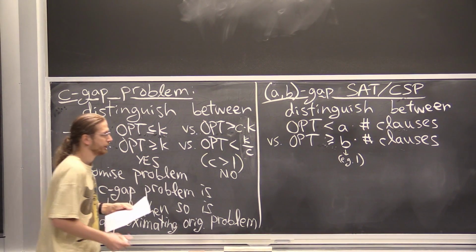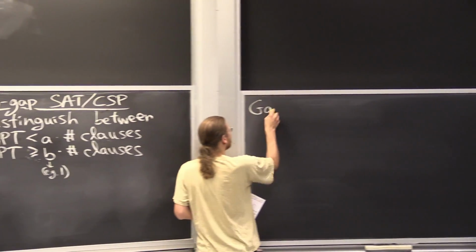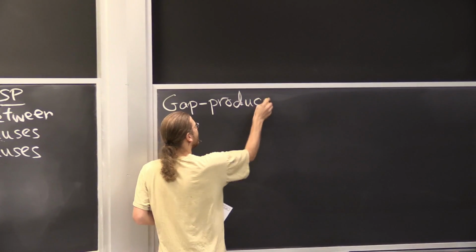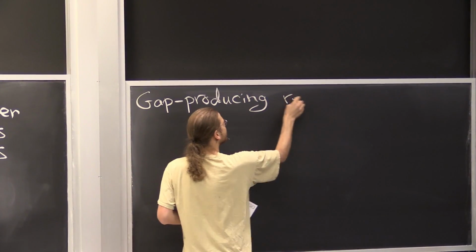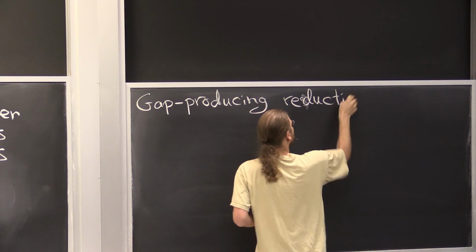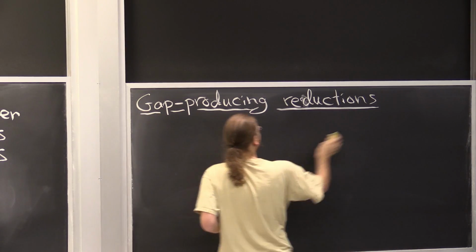Cool. All right, so how do we get these gaps? There's maybe 3 ways, I guess. In general, we're going to use reductions, like always.